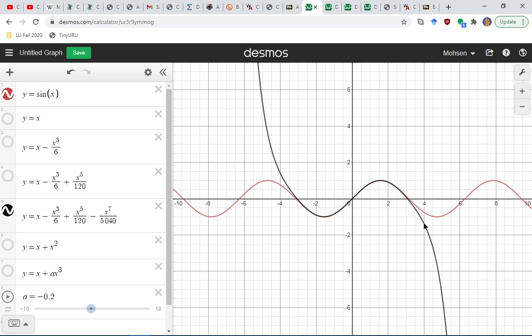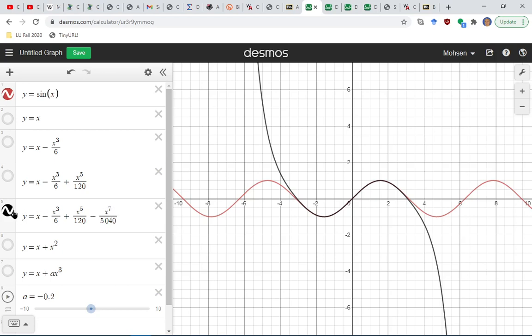There is a gap here. That gap is the difference between what the polynomial shows and what the function actually is. So that gap we refer to as a remainder. In this case, it's the remainder for the polynomial that goes up to degree 7. We can call it R7, for example.